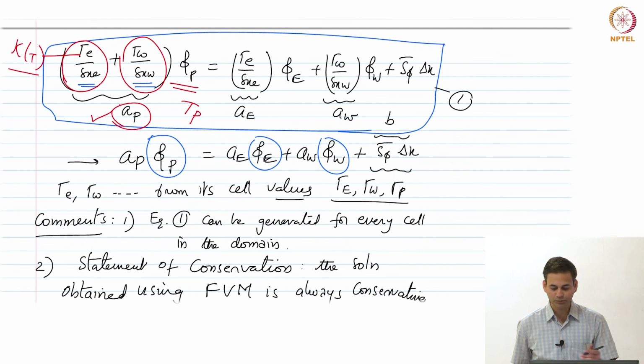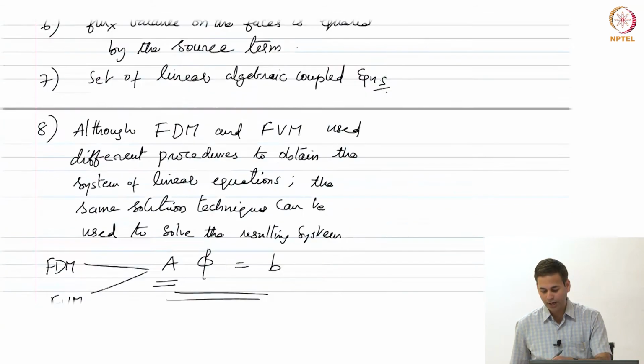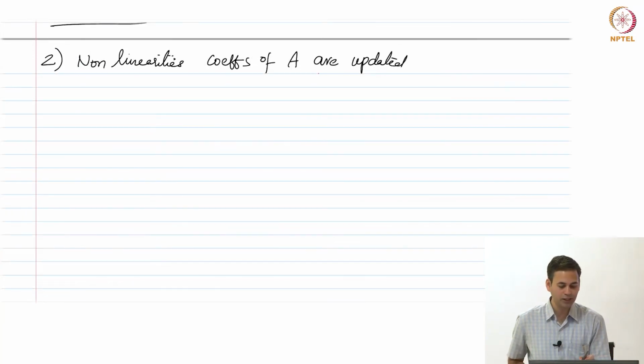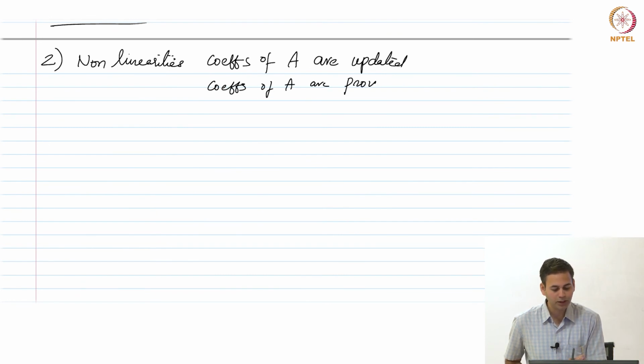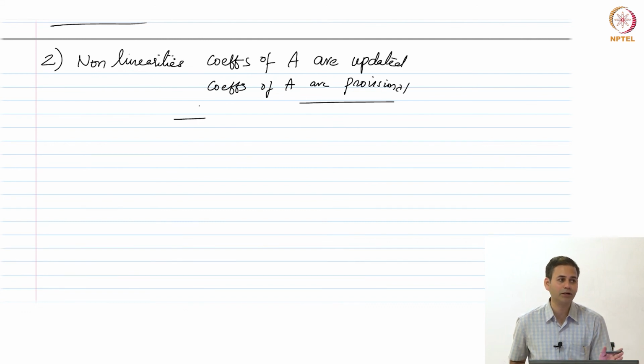That means we have to update that. That means the coefficients of A are only provisional if you have a nonlinear problem. So these are the two characteristics that this particular system of linear equations shows. We had better make use of those characteristics and tailor our numerical solution techniques to suit those needs. Okay. Thank you.